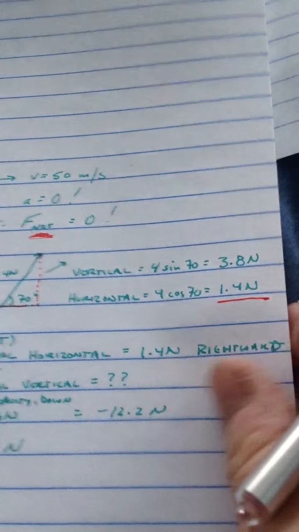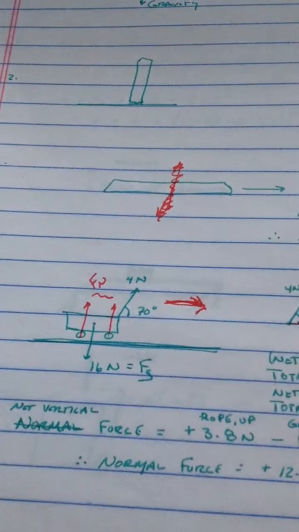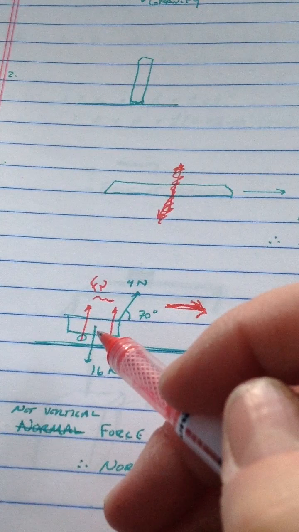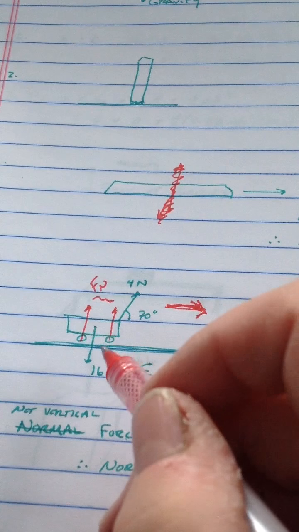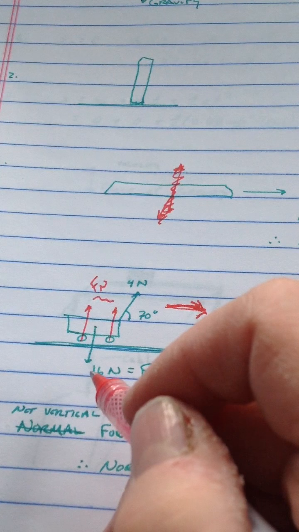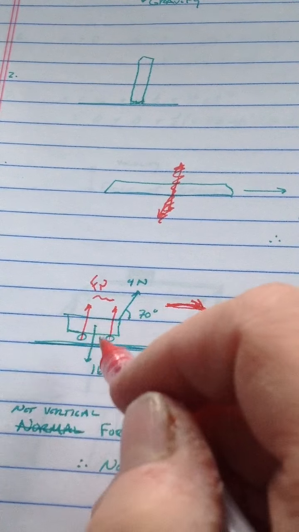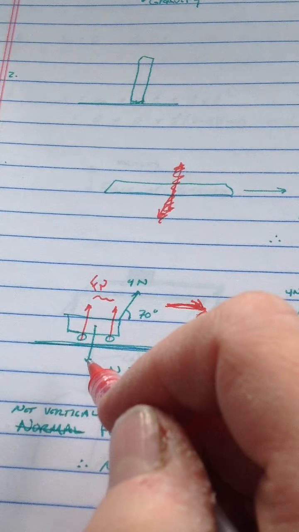The wagon is not moving in a vertical direction. That's the standard way wagons move, right? They don't float off the ground. They don't sink through the ground. They move along on the horizontal surface. We have a 16 newton force pulling down on it.